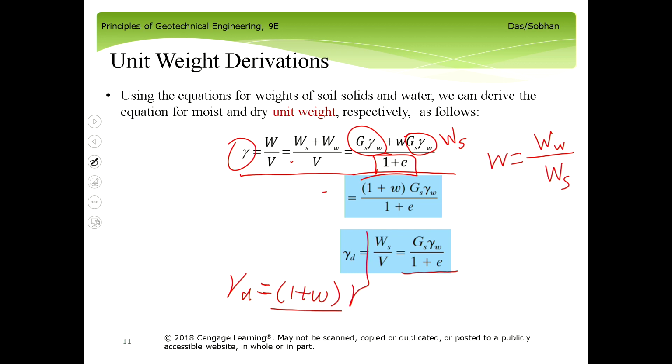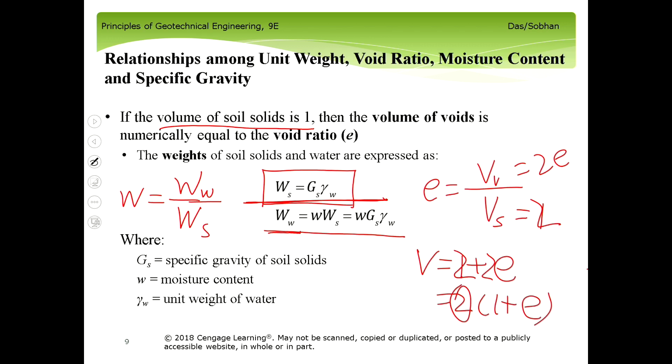Soil solids, which equals GS times gamma W. So you are confused from GS. Yeah, from there.